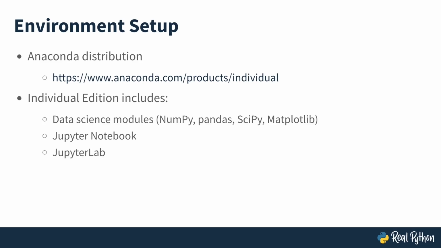The individual edition comes pre-bundled with all of the modules that you would need for data science like NumPy, Pandas, SciPy, and Matplotlib. And it also comes with Jupyter Notebook, JupyterLab, and a nice IDE called Spyder that I highly recommend. So let me quickly go over this for you so that you have everything to go. I'll start off first with the terminal version of getting everything installed, and then I'll go over Anaconda.